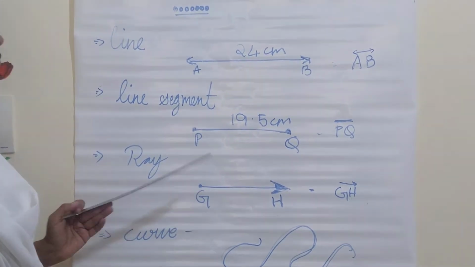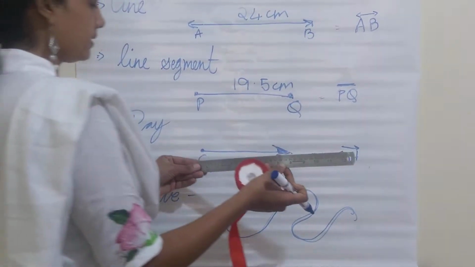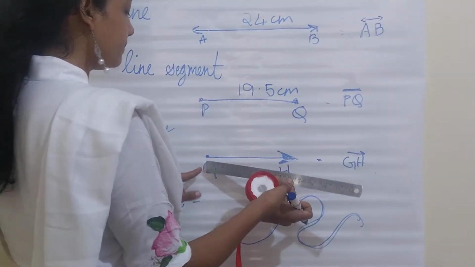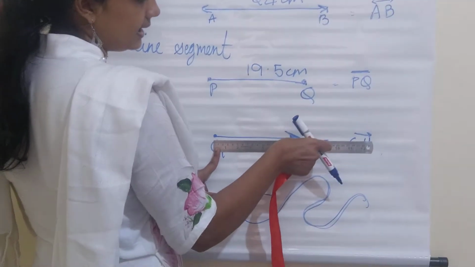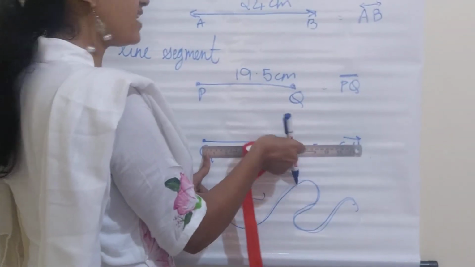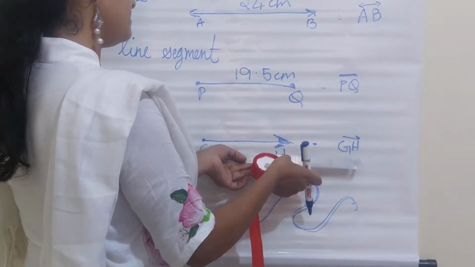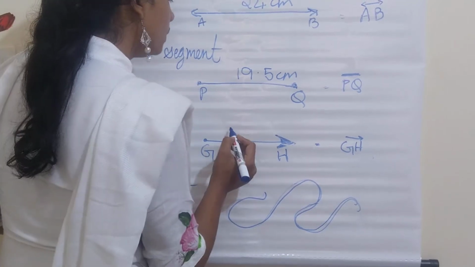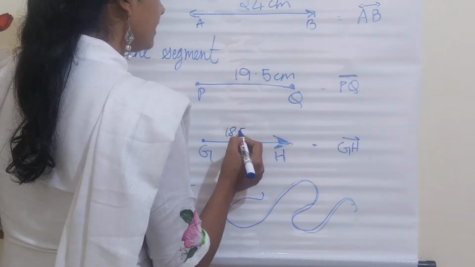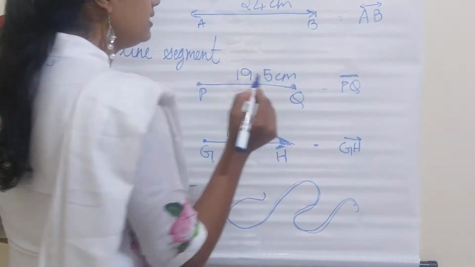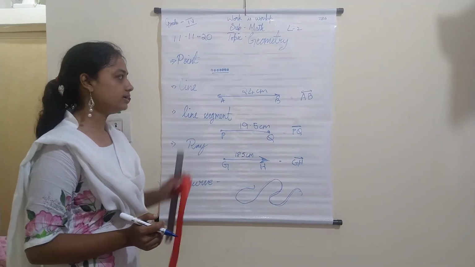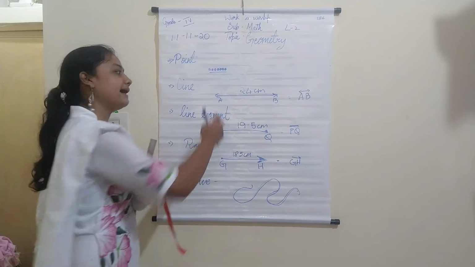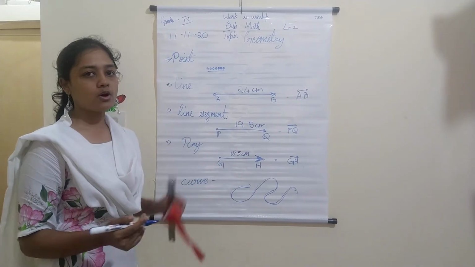Similarly, I can measure the ray also. 0 at my end and the other point is at 18.5. So my ray is equal to 18.5 centimeters. So what did you learn now? You learned how to measure a line which is already drawn.